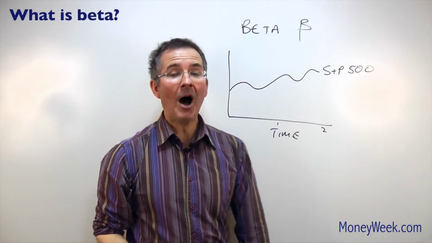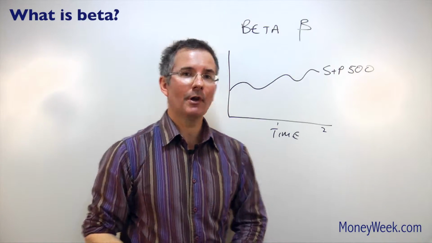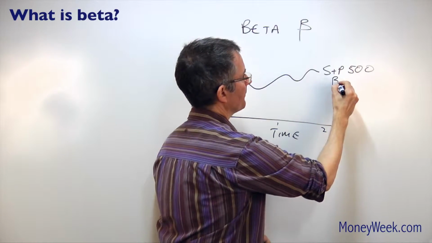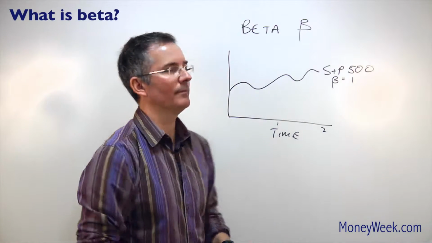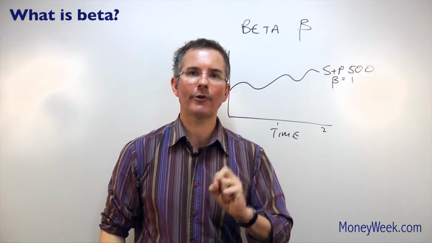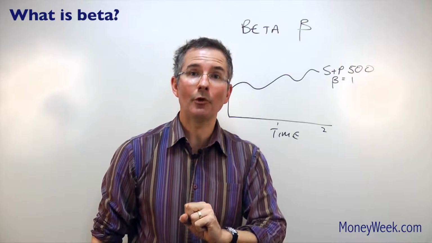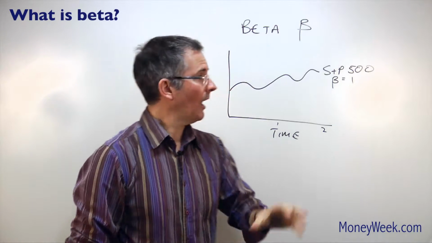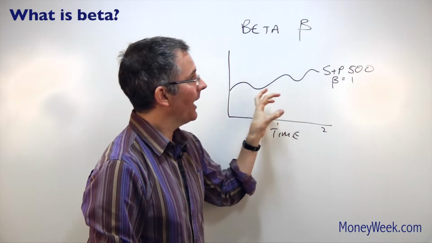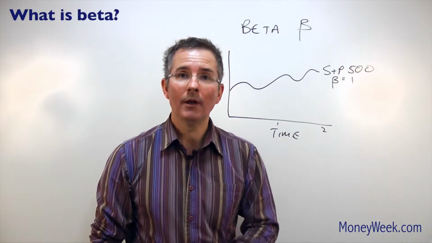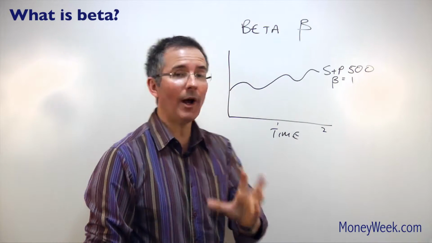All right, the market, this is just the convention, has a beta of 1. Okay, now you might have noticed when I had my stocks up that GlaxoSmithKline, the big pharmaceutical, had a beta of just 0.5. Apple, technology company, had a beta of just about 1, and Rio Tinto had a beta of twice the market.